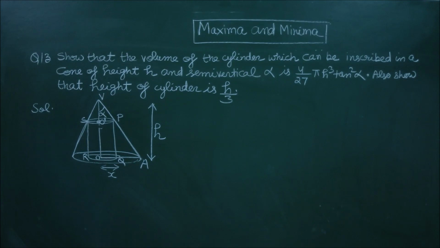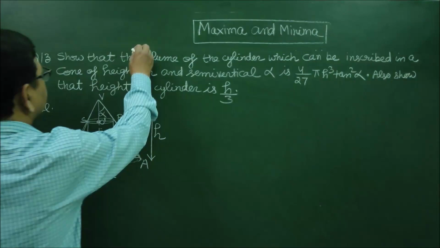Now we want to show that the maximum volume of the cylinder is 4/27 pi h cube tan square alpha.